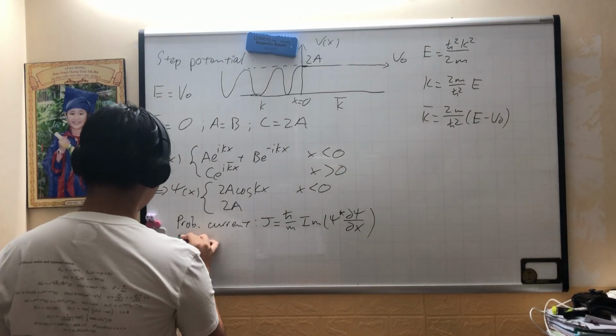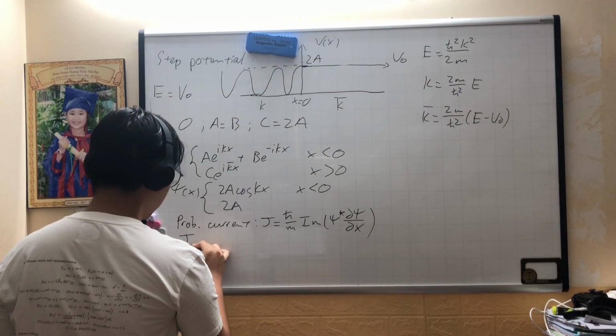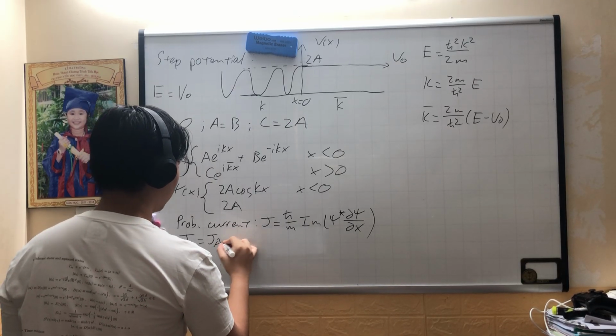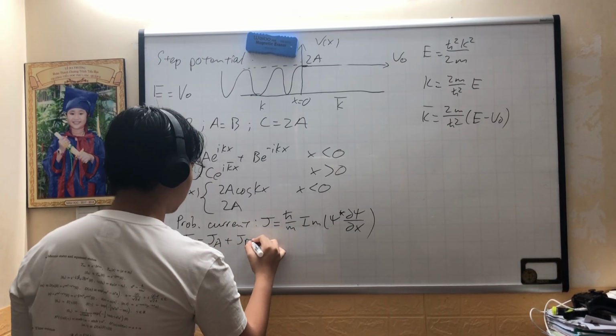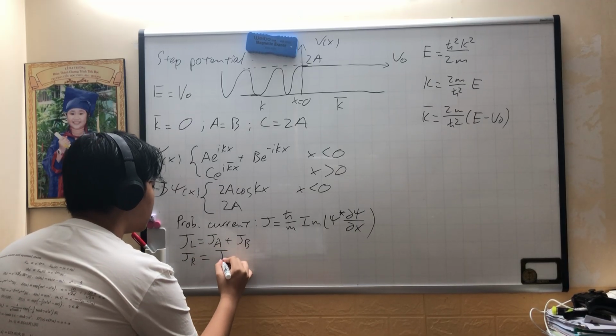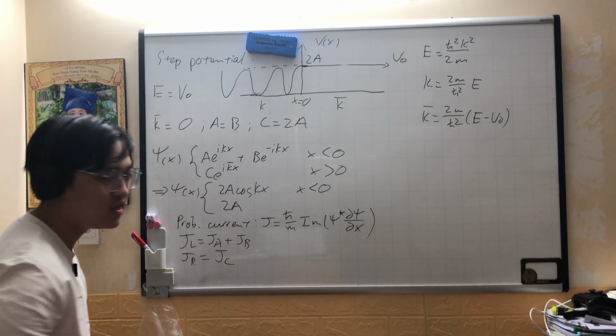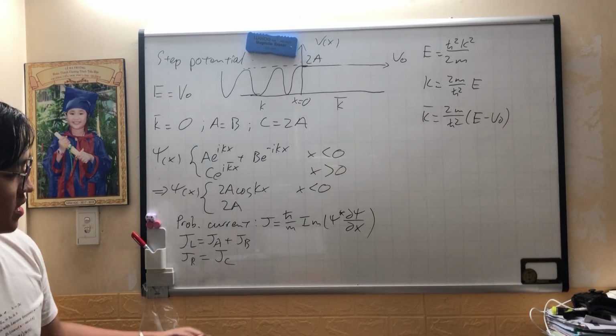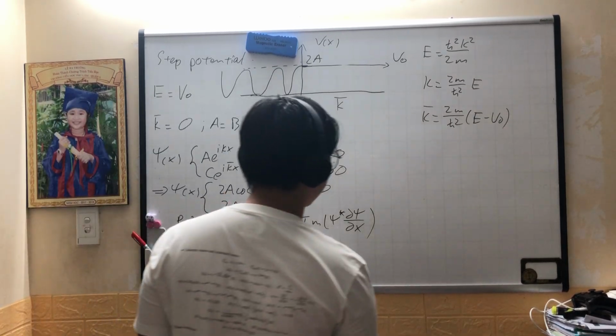Now we assign the current on the left to equal current A plus current B, and the current on the right to be the current C. So when we have this, we calculate.